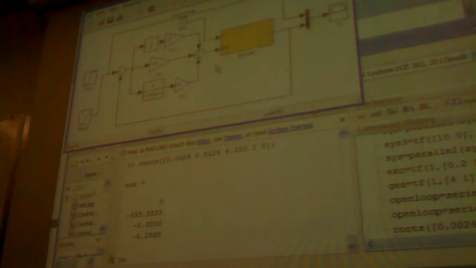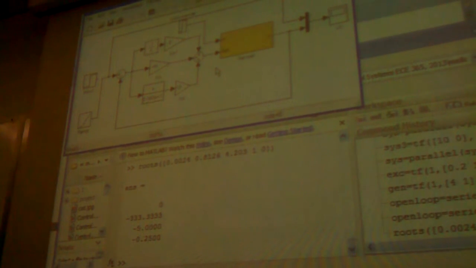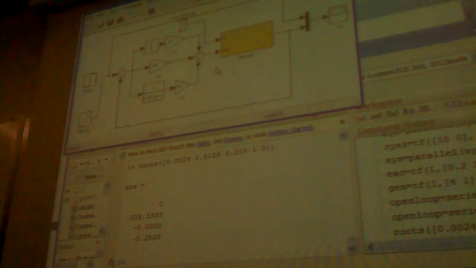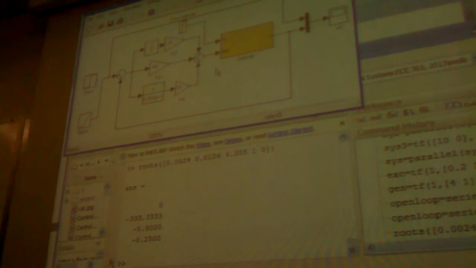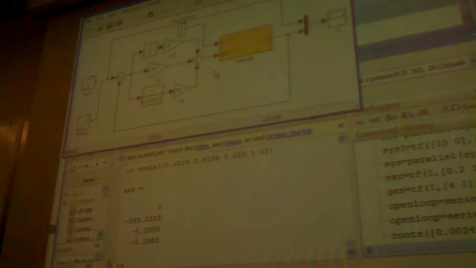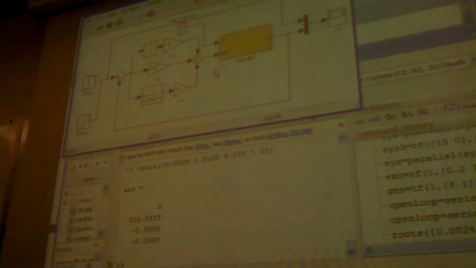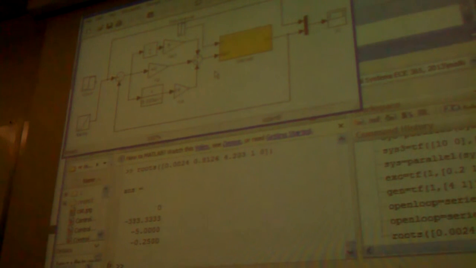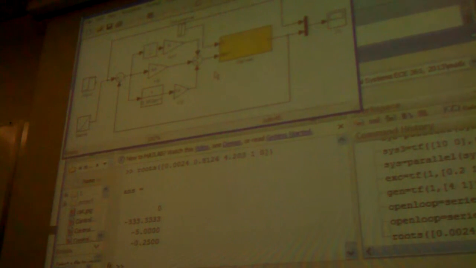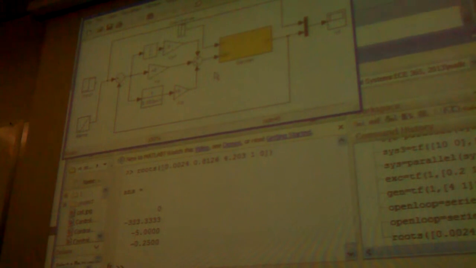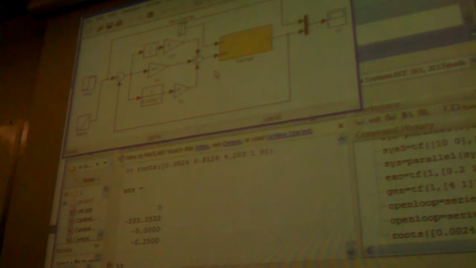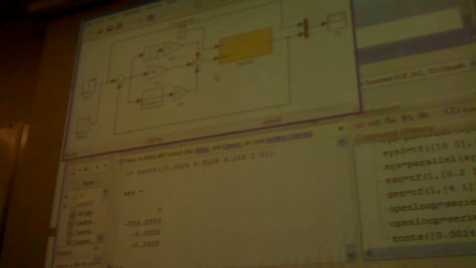So that's what I mean. This is the PID pole, and this is the generator pole. Actually, this is what we cover in the next section, chapter 5. This is the exciter pole. This is the derivative filter pole. It's way over on that side, so actually this doesn't play a role.